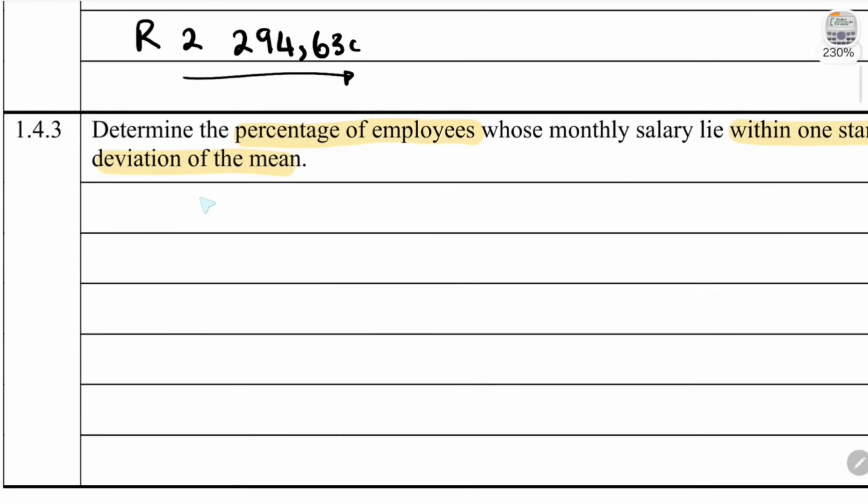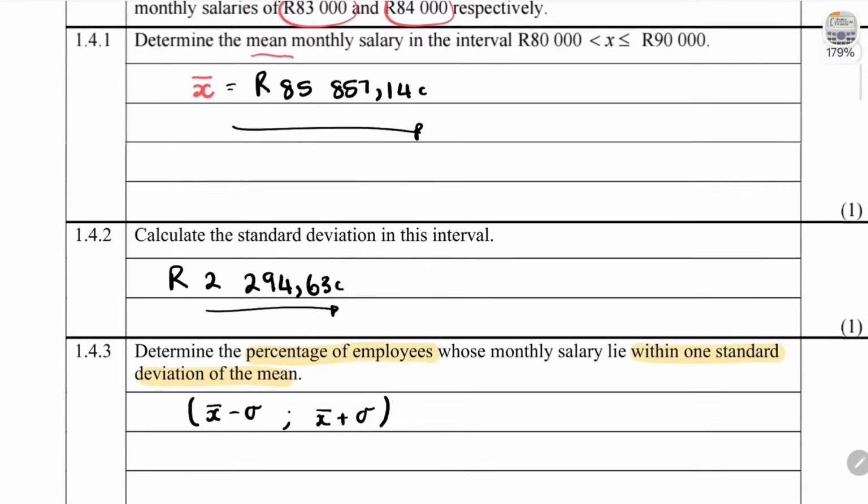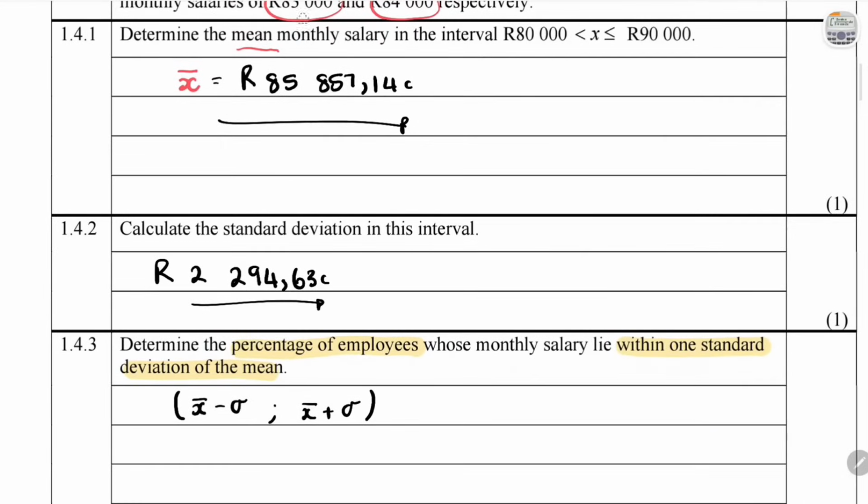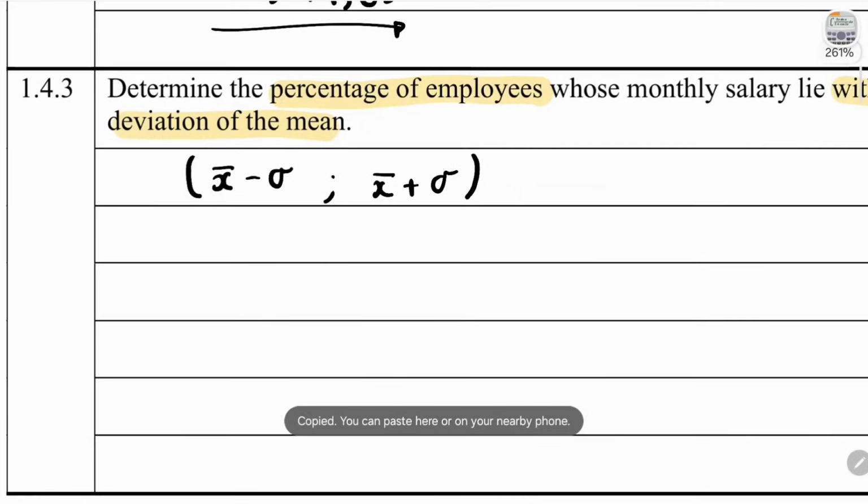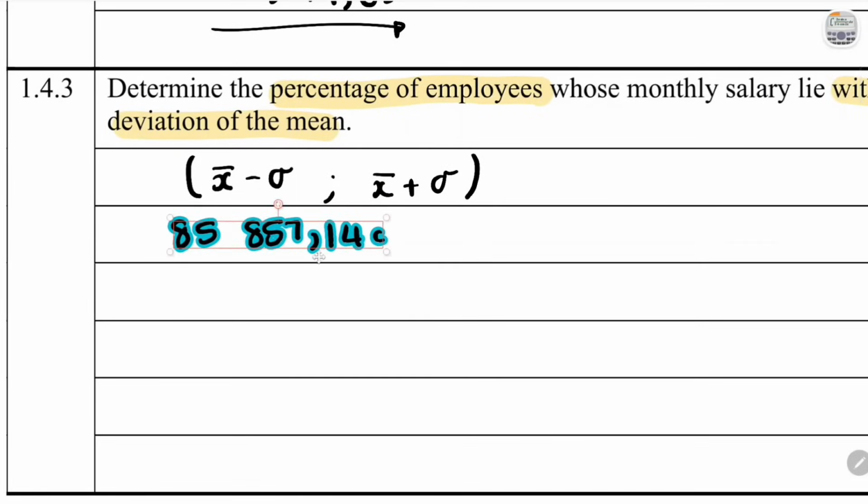So within a standard deviation of the mean would be the mean minus the standard deviation, and then the mean plus the standard deviation. And then because it is within, we're going to look for the values that are between these, greater than this, but less than that. So our mean is 85,000. We're just going to put that amount down and subtract it by this. And then, of course, in the second interval, the second coordinates, we're going to just add it.